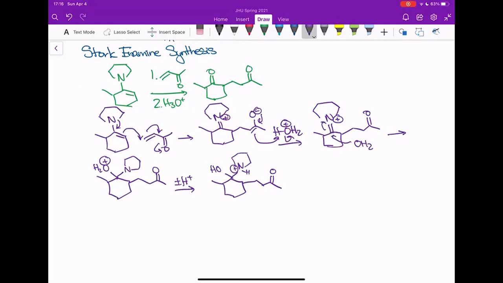And once it's positively charged, it becomes a good leaving group. So our electrons on oxygen are going to come down to kick off that nitrogen, giving that secondary amine as our byproduct. And then the last step will just be water coming in to deprotonate.